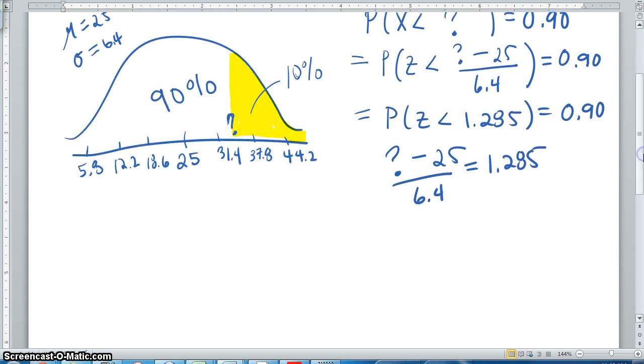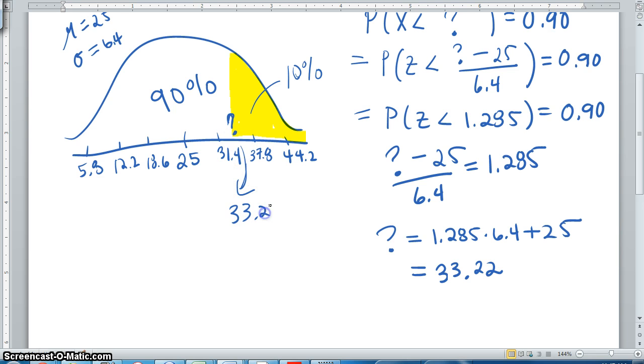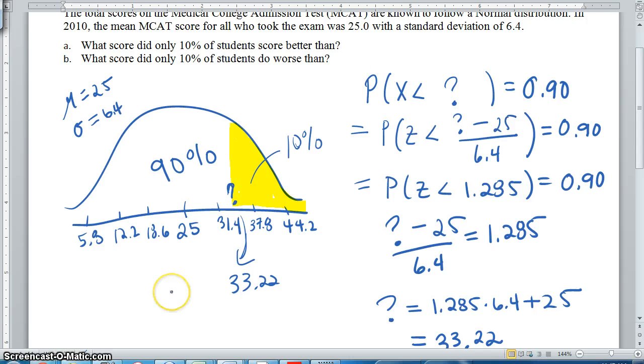Moving over our standard deviation and adding over our mean, we get the mystery number to be equal to 1.285 times 6.4 plus our mean of 25, which is equal to 33.22. So this value, 33.22, seems to make pretty good sense. Once I've drawn the distribution, 33.22 is the score which only 10% of the students scored better than.